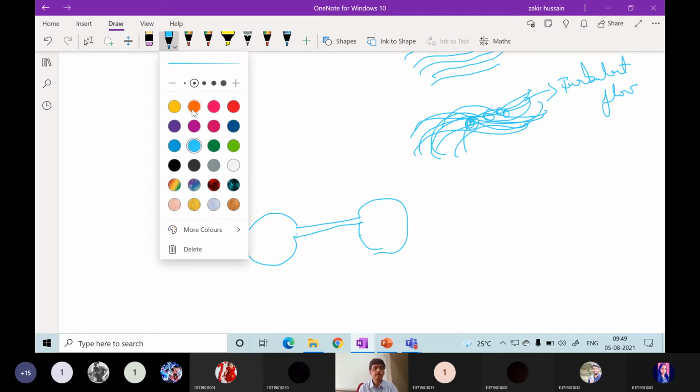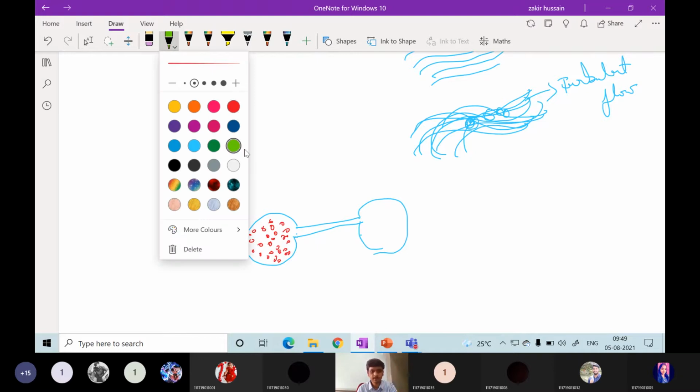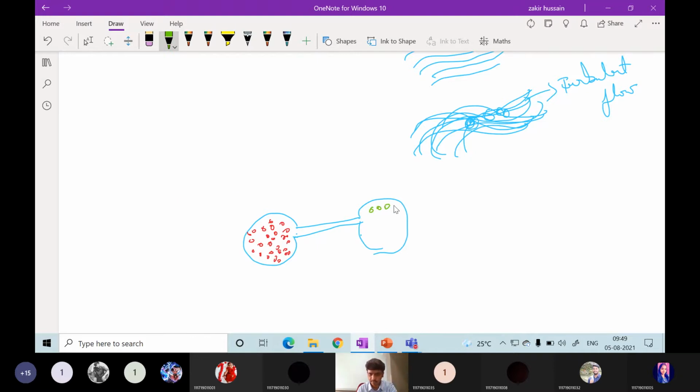Among them there are red type of molecules. Red does not denote a type, it is only for color convenience, to identify the molecules better. Apart from that, there is no importance to it. And these are the green molecules.